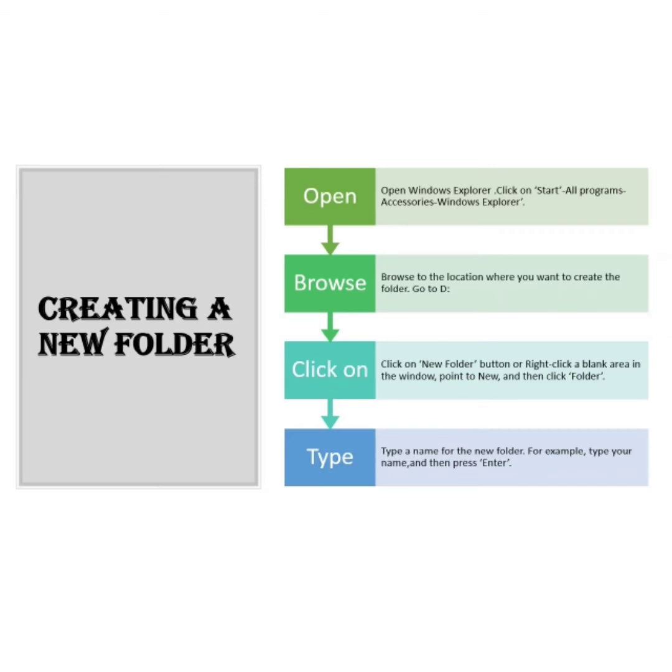Secondly, open the location where you want to create the new folder. Go to D drive. Click on New Folder button or right click a blank area in the window. Point to New, then click Folder.